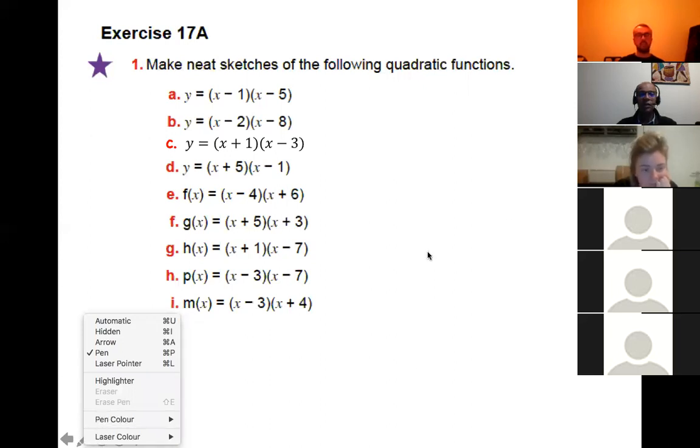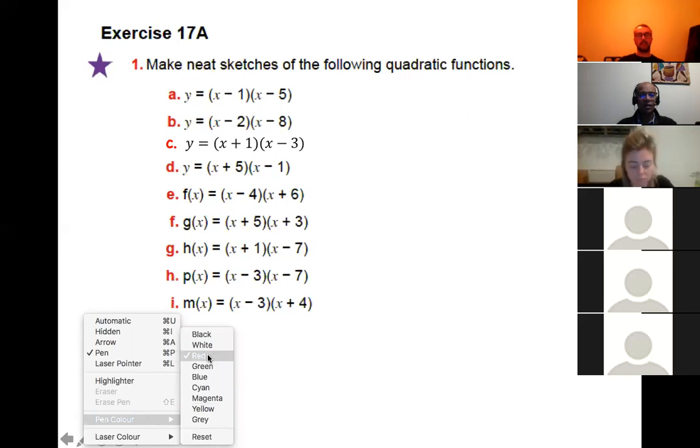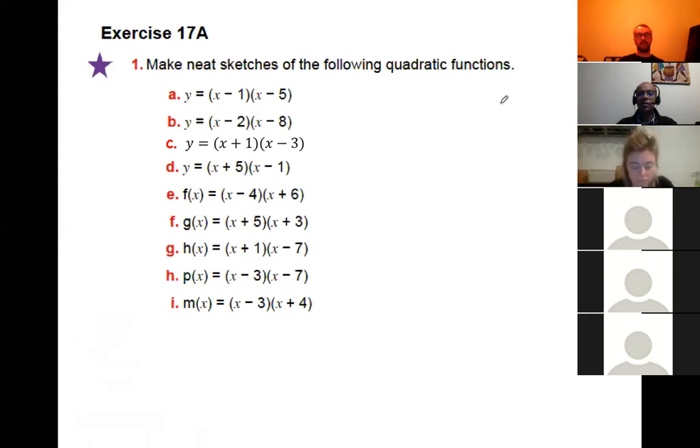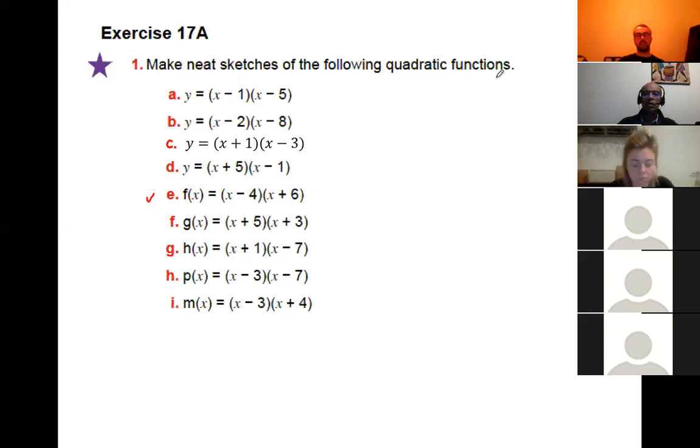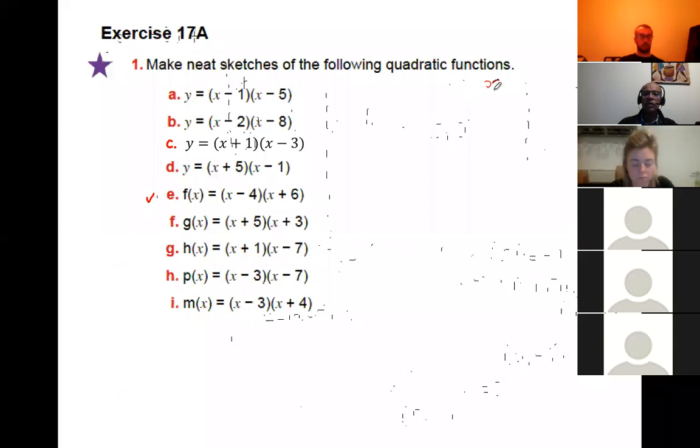This is going to be a nightmare. Anyway, it should have been x equals -1. Axis of symmetry, x equals -1.